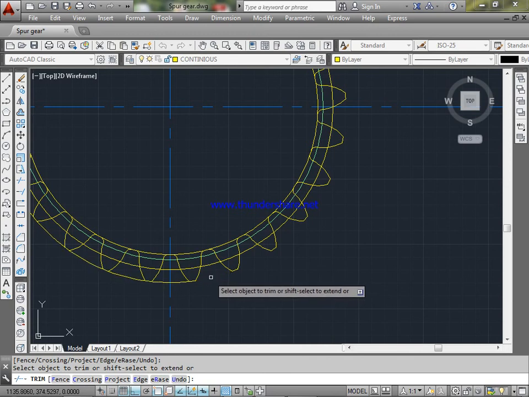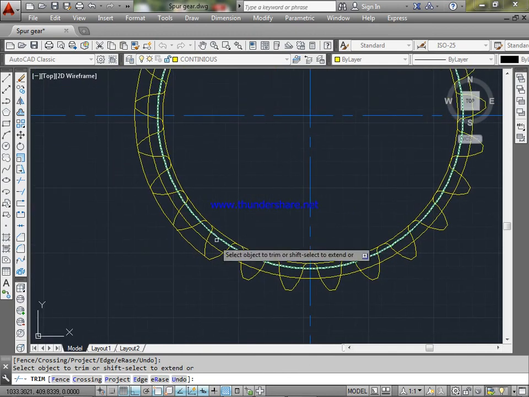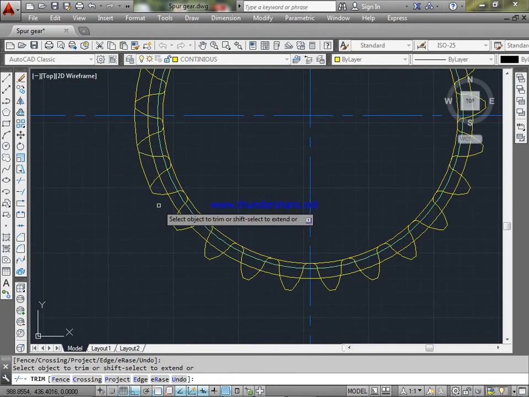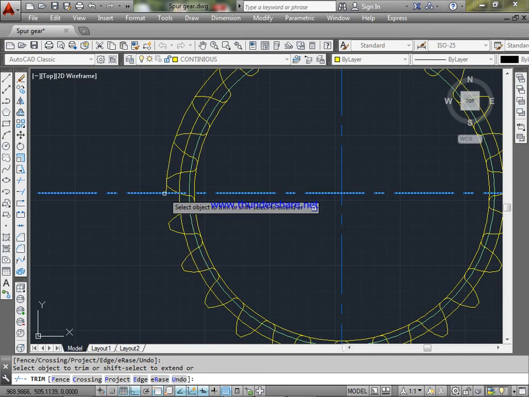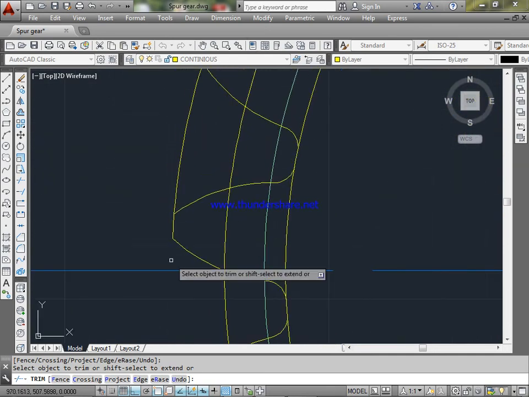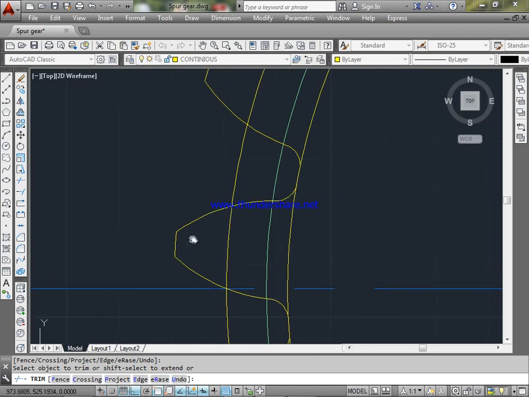Very easy process. The pressure angle method is a very easy process. We should try it on the drawing sheet and in AutoCAD also.